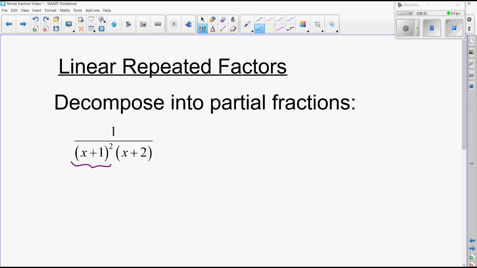My first fraction, I'm going to write it as a all over x plus 1. My second fraction will be b over x plus 1 squared, because x plus 1 is the repeated factor.